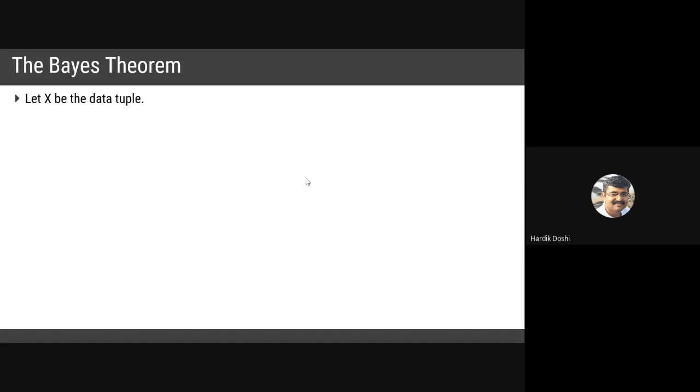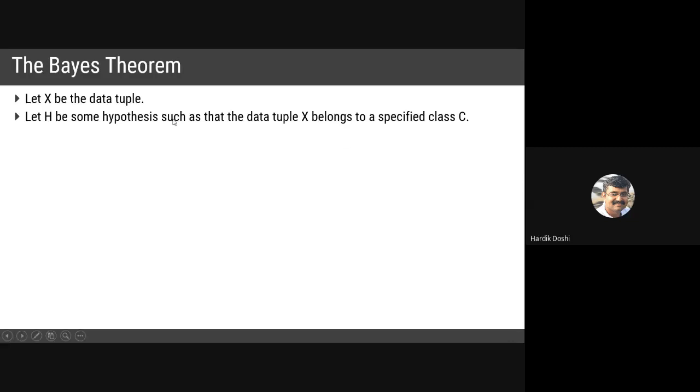The Bayes theorem is given as: let X be the data tuple and H be some hypothesis such that the data tuple X belongs to the specified class. This H is what we want to compute. So this is our hypothesis. And for the Bayes theorem formula, we are not having the proof of this theorem, we simply need to have the formula.